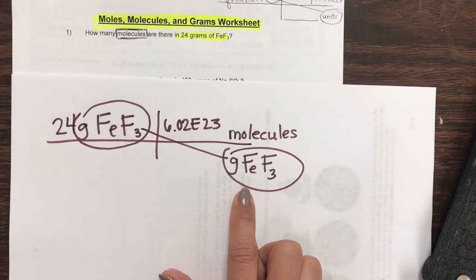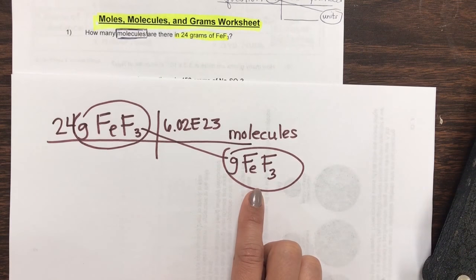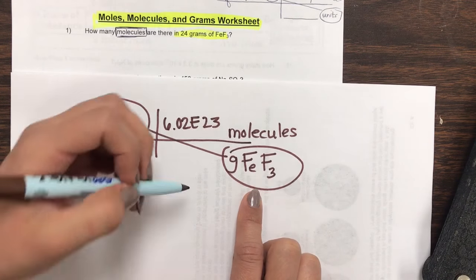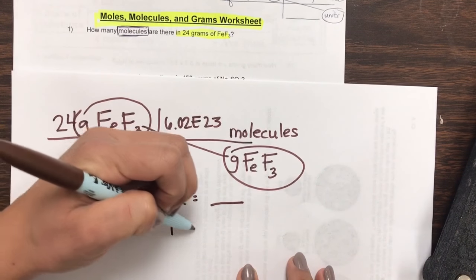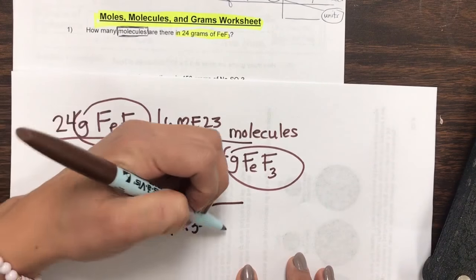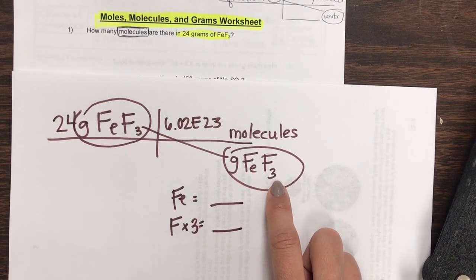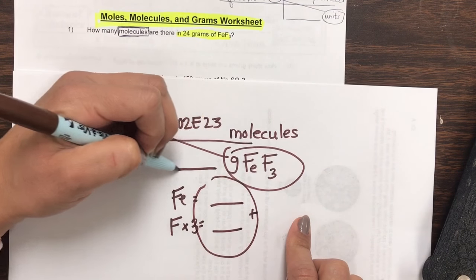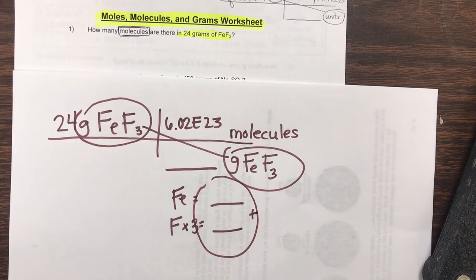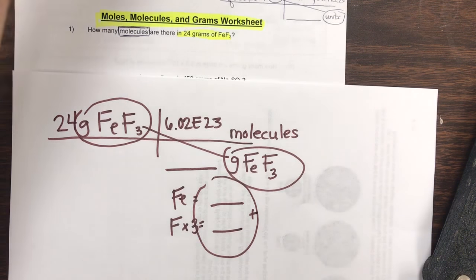For grams of FeF3, you have to look at the periodic table, and you're going to look up Fe, find the mass, and F. But multiply F by 3 because there are 3 atoms of F, and then you add these together, and the total mass would go right there. And I'll make different videos for each worksheet. This is just an intro on how to do it.